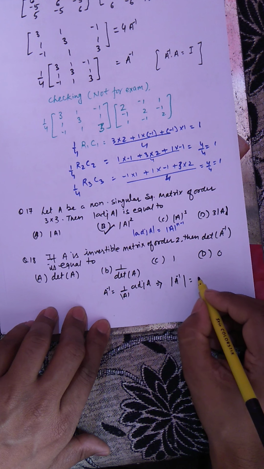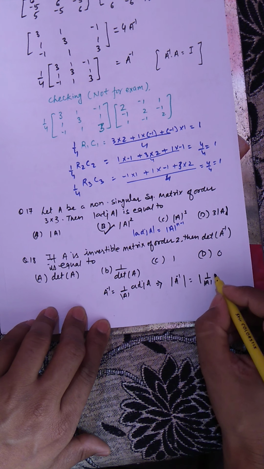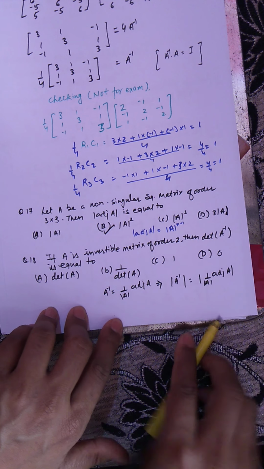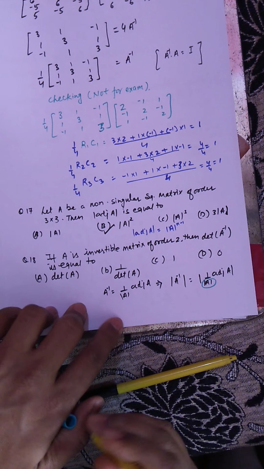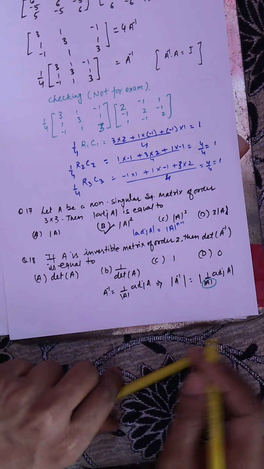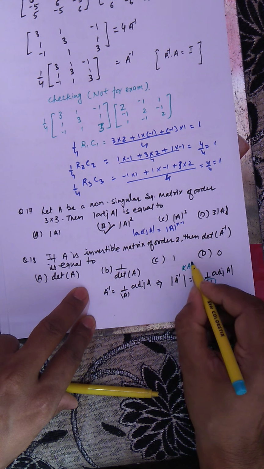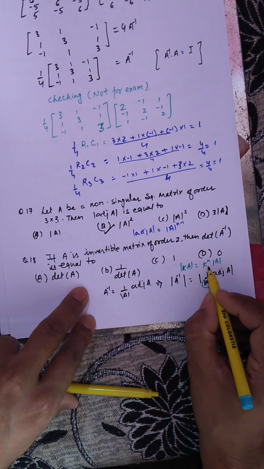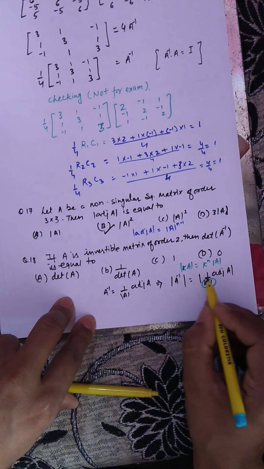Then you can take the determinant of 1 upon determinant of A, and this is adjoint of A. Remember, this determinant of A is some scalar, some k. I gave you a result, you have done this result, that determinant of k times A equals k to the power n times determinant of A, where A is of order n. So here this k is actually this constant.